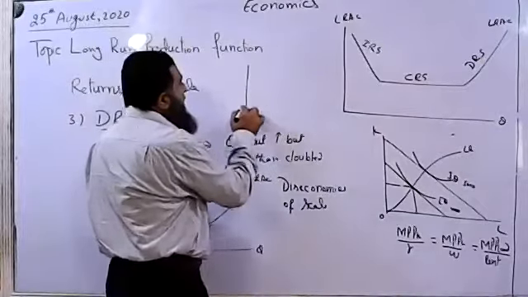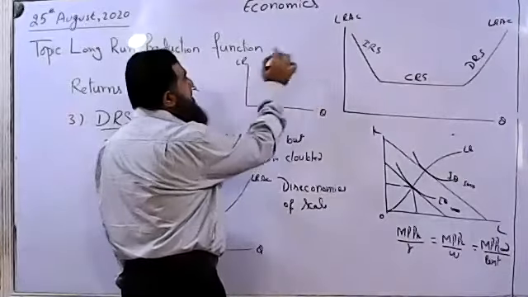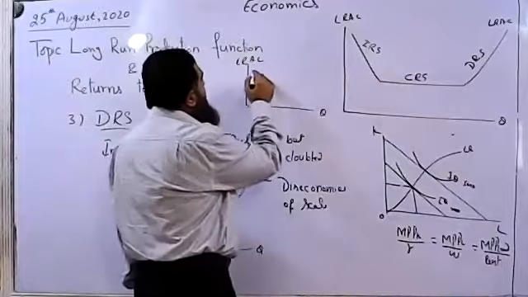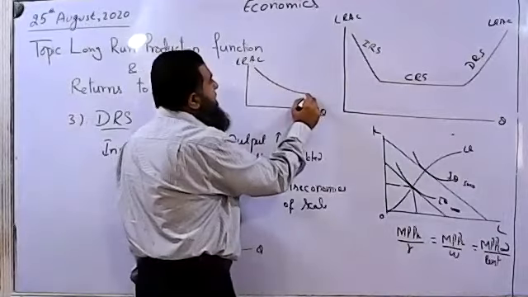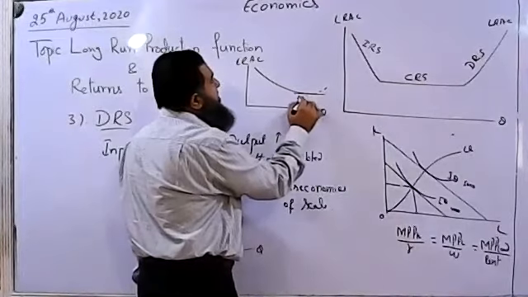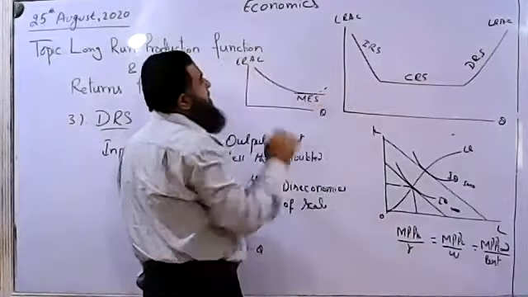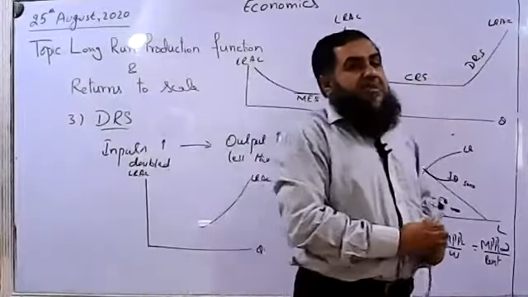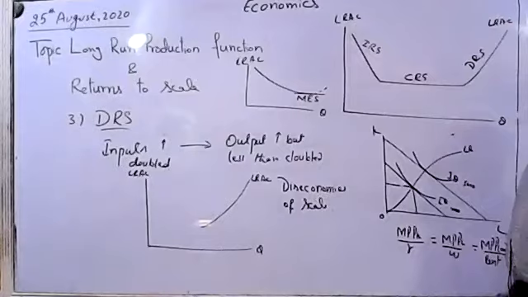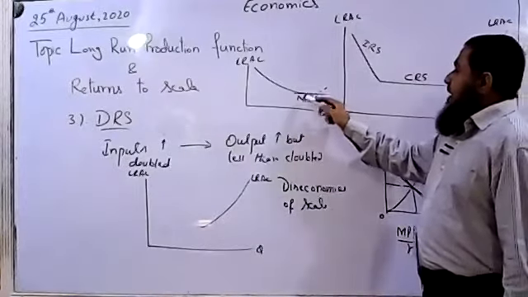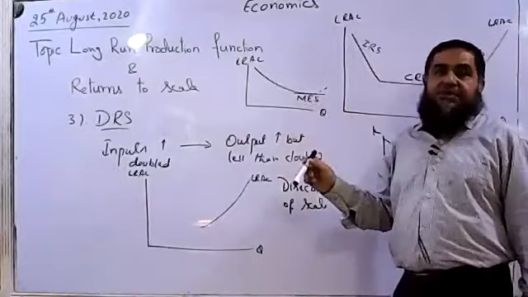Here I draw again the long run average cost, because that was only showing returns to scale. Here, after this, it starts rising; this is the minimum efficient scale of production. This is actually the productive efficiency point in the long run. Minimum efficient scale of production means there is no point other than this point that the firm could achieve in order to achieve productive efficiency.